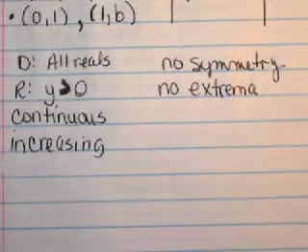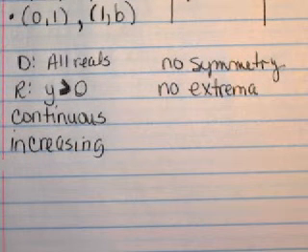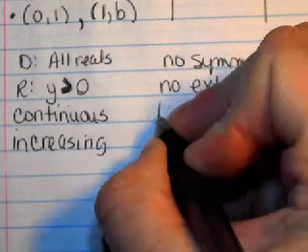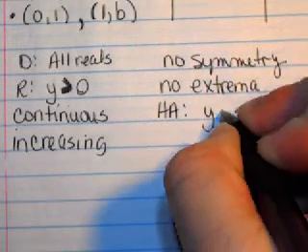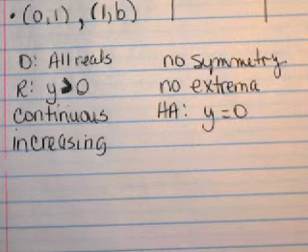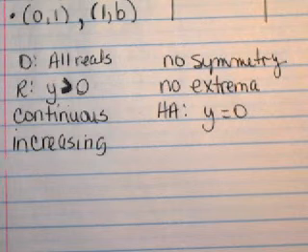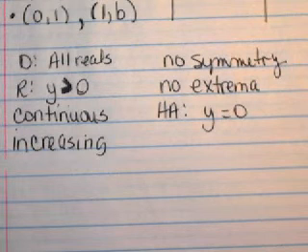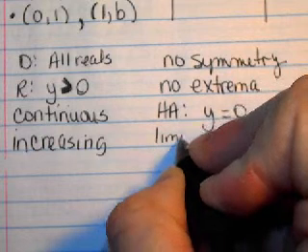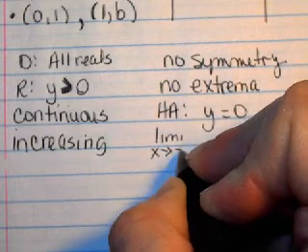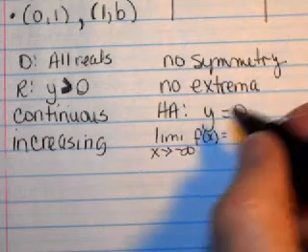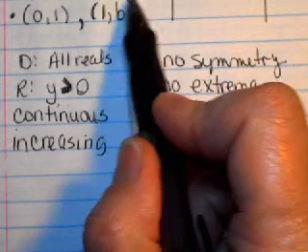All right. Asymptotes. Well, we said it has to be greater than 0, so our horizontal asymptote is y equals 0. And then for the end behavior, well, the limit as x approaches negative infinity of f of x is going to be equal to 0, because it's getting really, really close to 0.